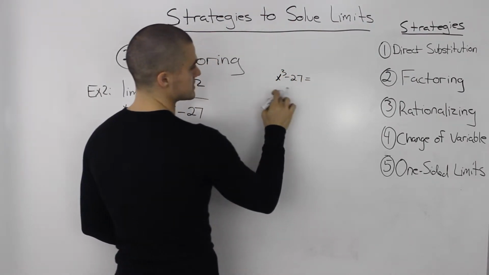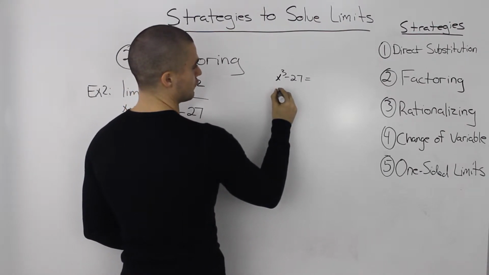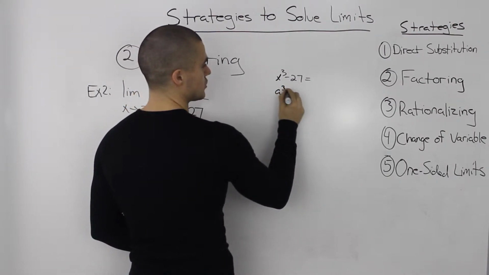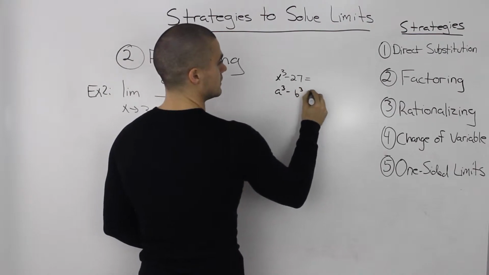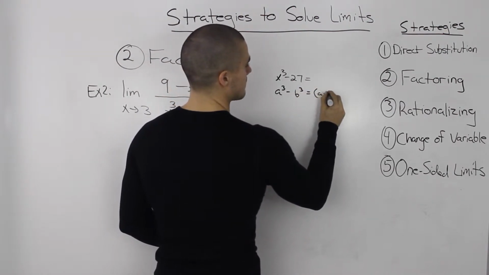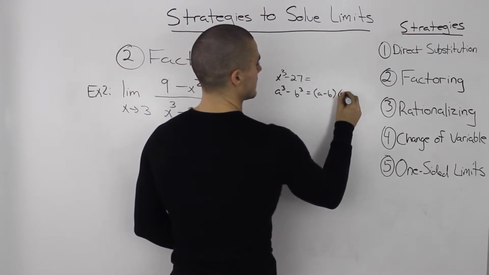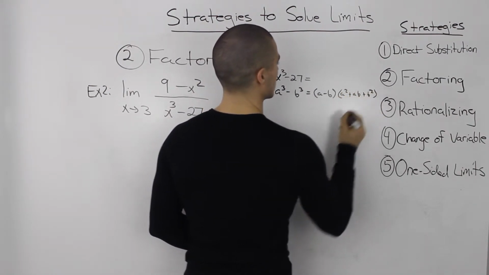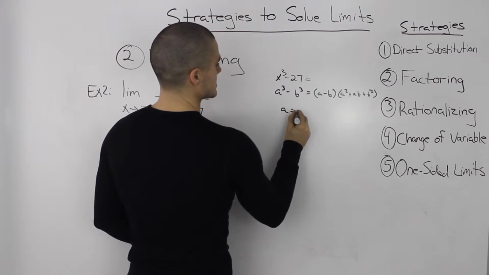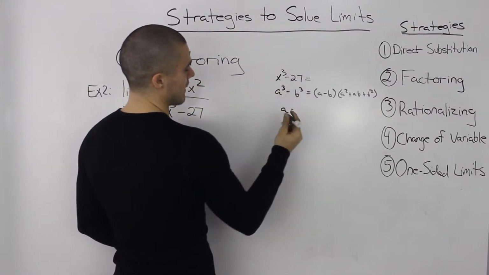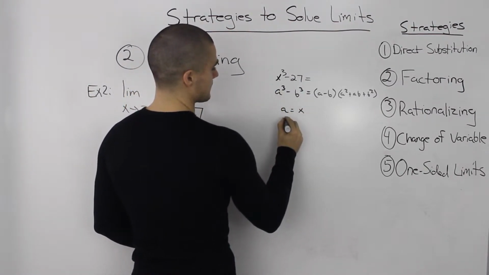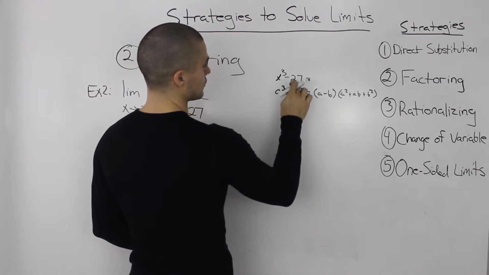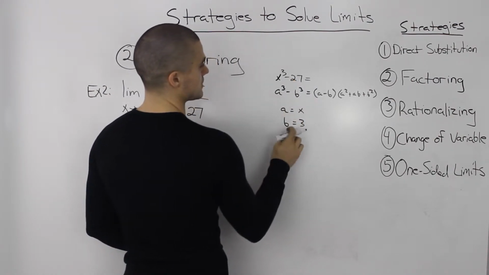All right, and what's the general formula for a difference of cubes? It's a cubed minus b cubed, and it's equal to a minus b, a squared plus ab plus b squared. So in this case, our a is the third root of x cubed, which is just x. The third root of 27 is 3, so our b is equal to 3.